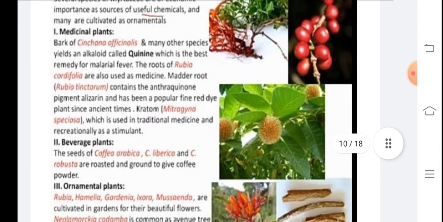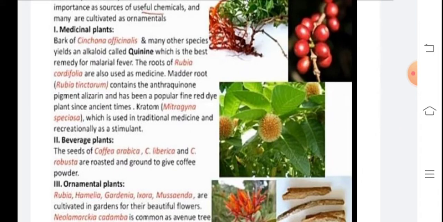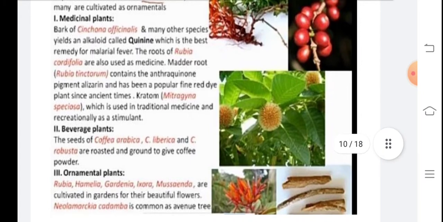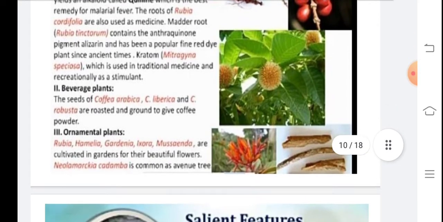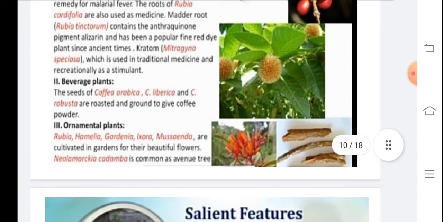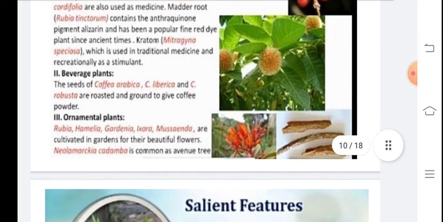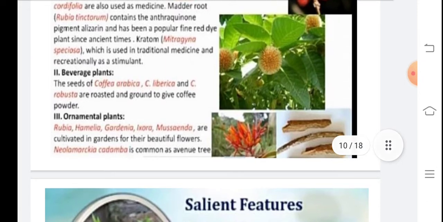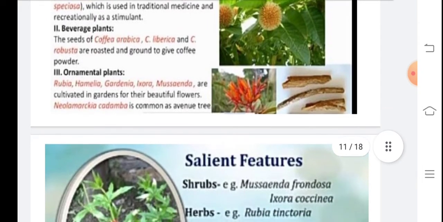Then Mitragyna, you observe some plants here. Mitragyna is traditionally medicinal and also used recreationally as a stimulant. In beverages, we know the coffee plant. Coffea arabica, Coffea liberica, Coffea robusta are common species in our India.